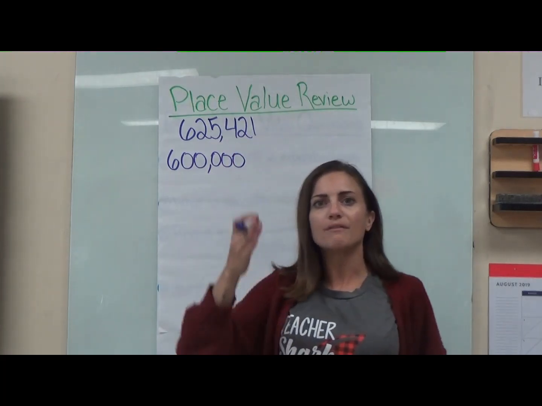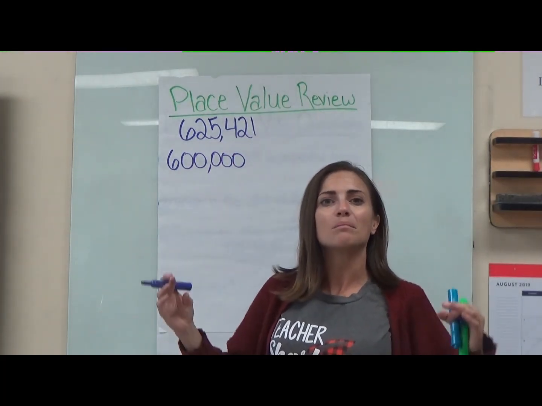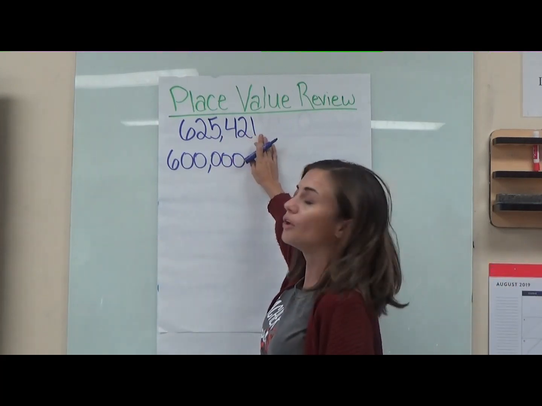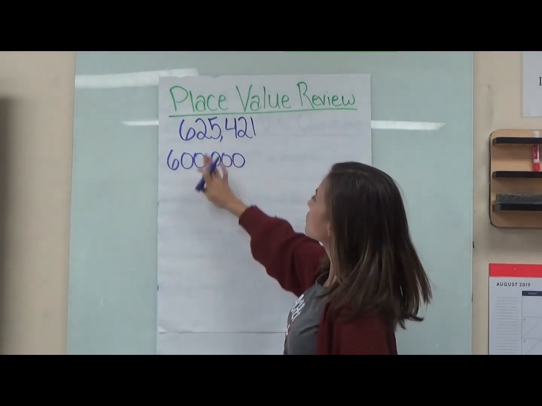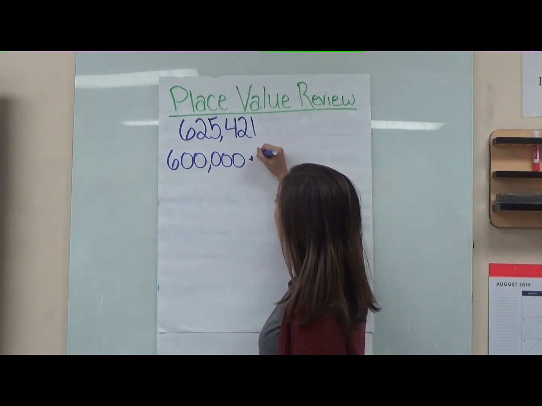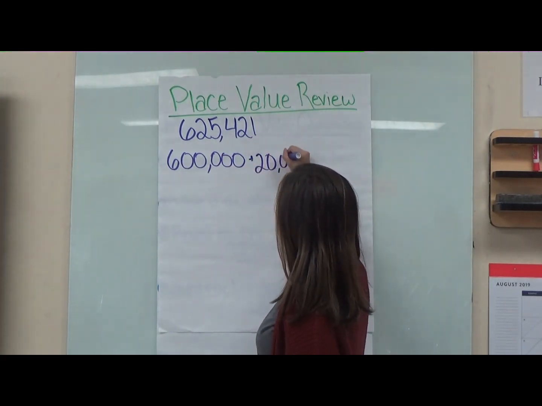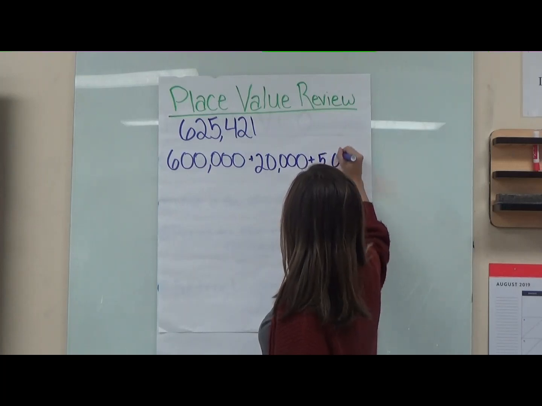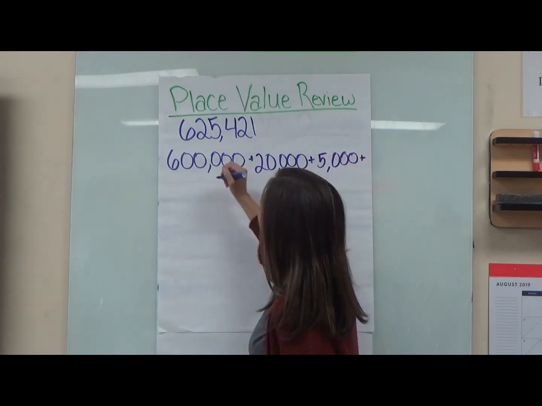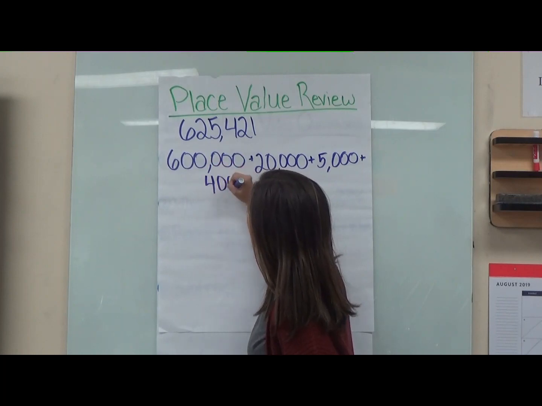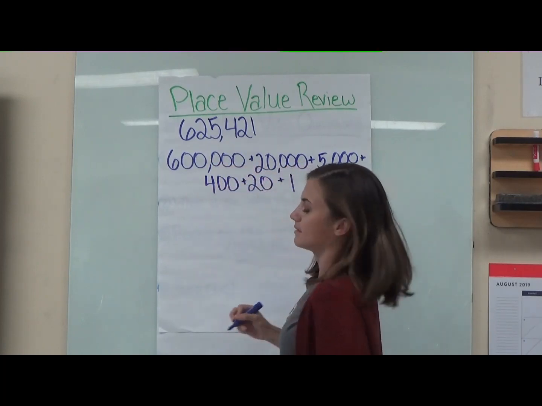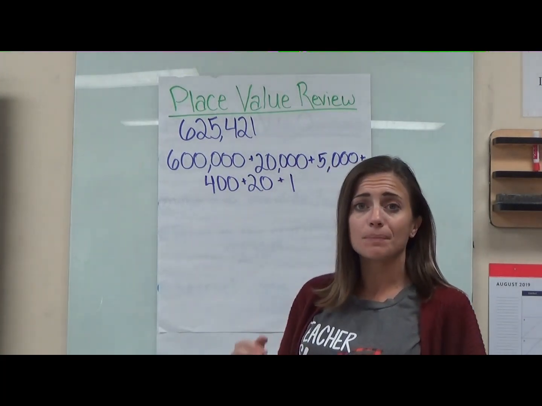Now, I'm going to do that for each of my place values and then put my plus signs in the middle to show when they're added together, they equal my original number. So this one would be 600,000 plus 20,000 plus 5,000 plus 400 plus 20 plus 1. Now this is what we call our expanded form.